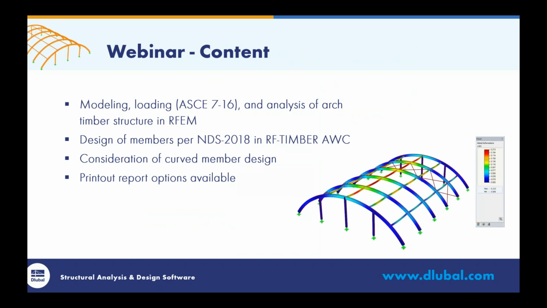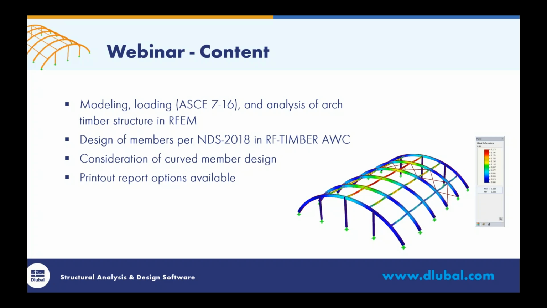So regarding the content for the next hour today, we'll be taking a detailed look at the modeling and loading per the ASCE 7 2016 and a full analysis of an arch timber structure in RFEM. I'll also be covering quite a few of these AutoCAD-like features during the modeling process.